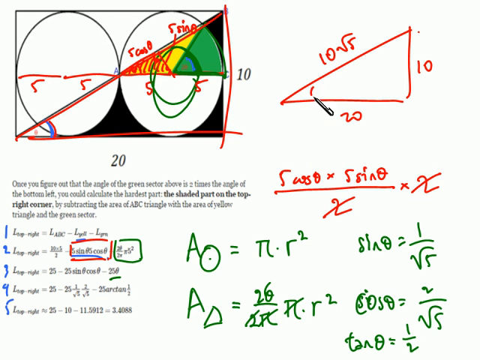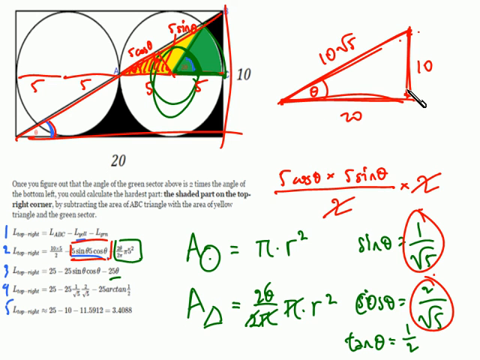Since this is theta, cos theta is this one divided by this one, sin theta is this one divided by this one, and tan theta is this one divided by this one. Then you can calculate it and get the area of this shaded part on the top right corner. Okay, that's it.